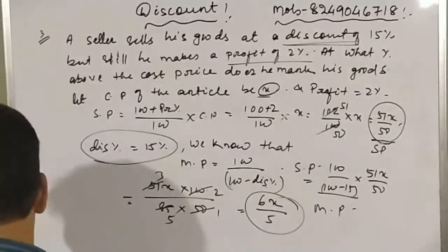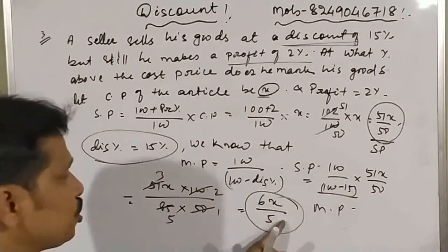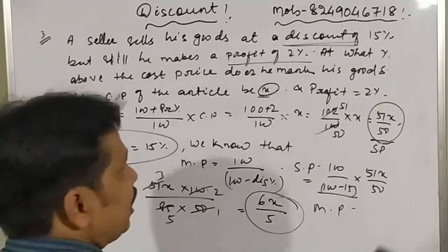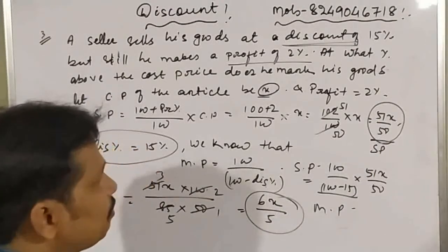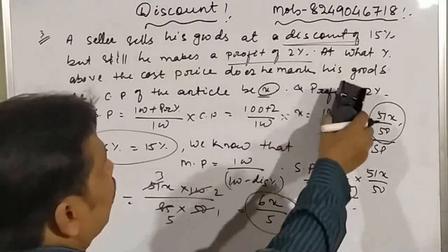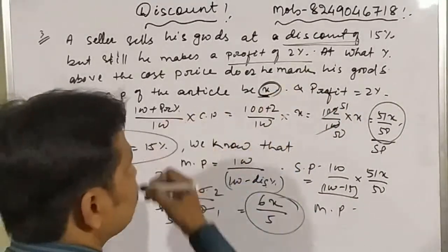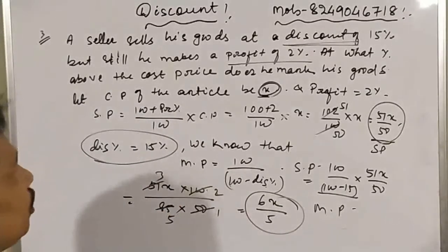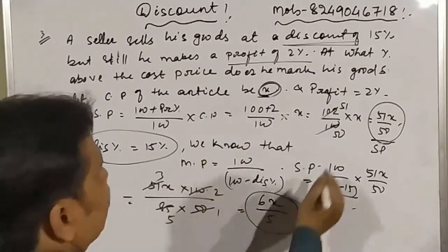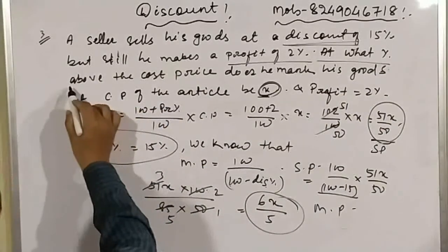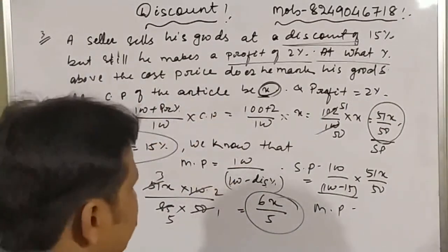Okay student. So mark price equals 6x by 5, our selling price equals 51x by 50, and the cost price of the article that we have taken is x. So now we will find our final answer: what percentage above the cost price.